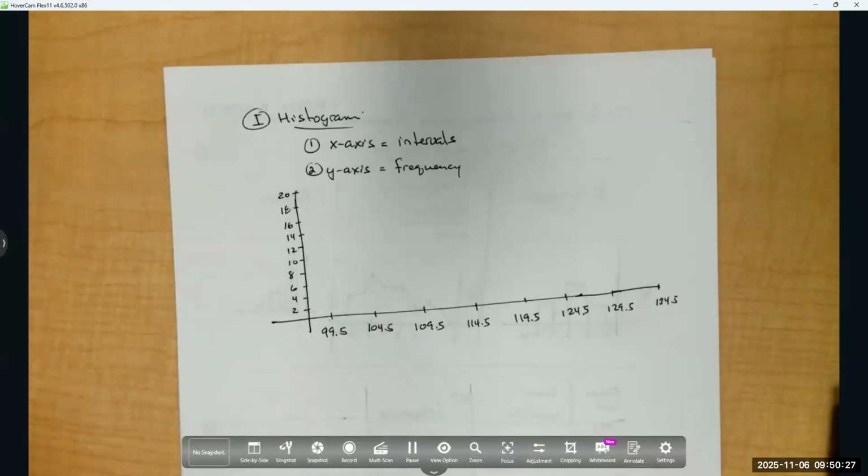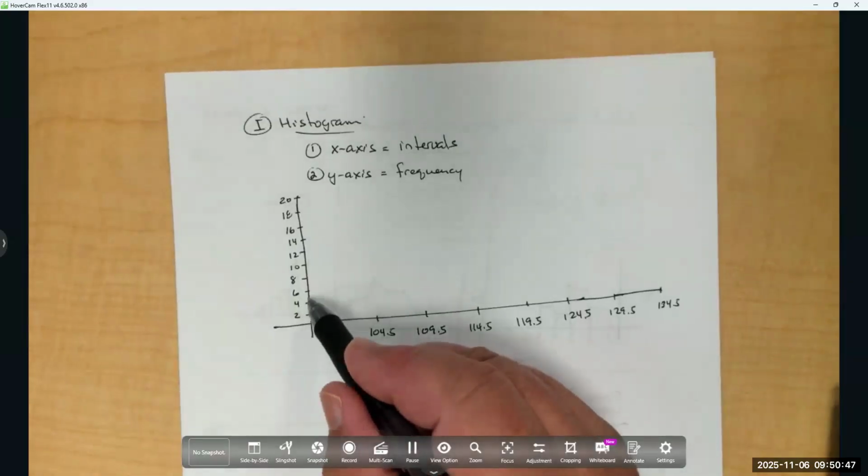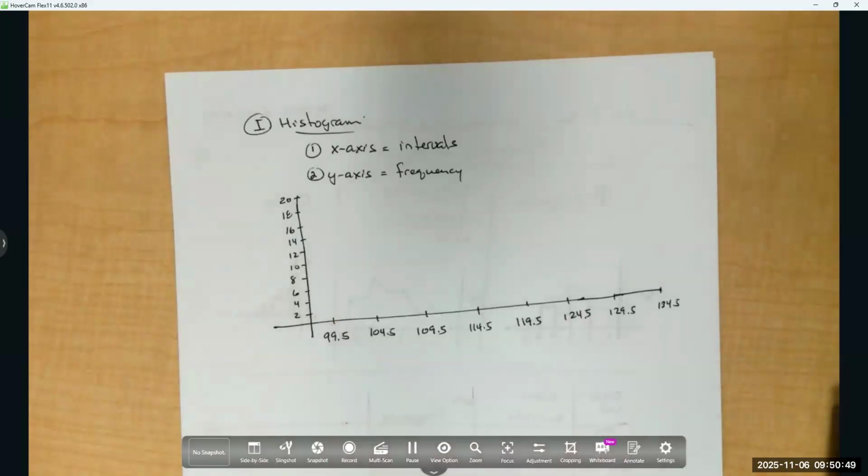Well, because what's my highest frequency? It's 18. I have to make sure I have all those in there. Because if I just did it by ones, it'd go pretty tall. So I condensed it by using twos. If you wanted to, you can use threes: from 0 to 3 to 6 to 9 to 12 to 15 to 18.